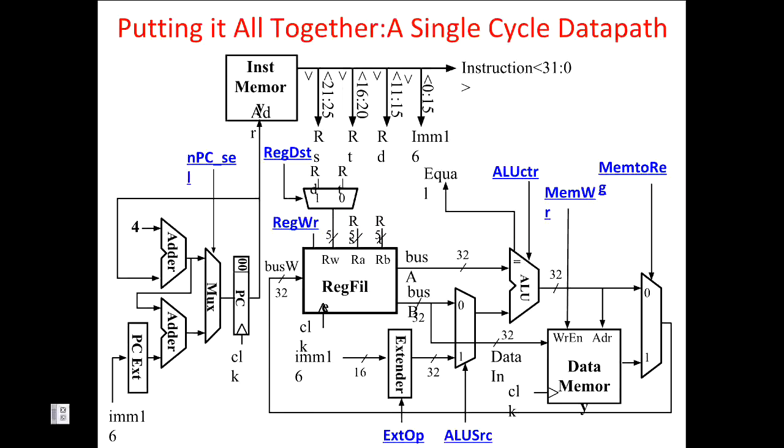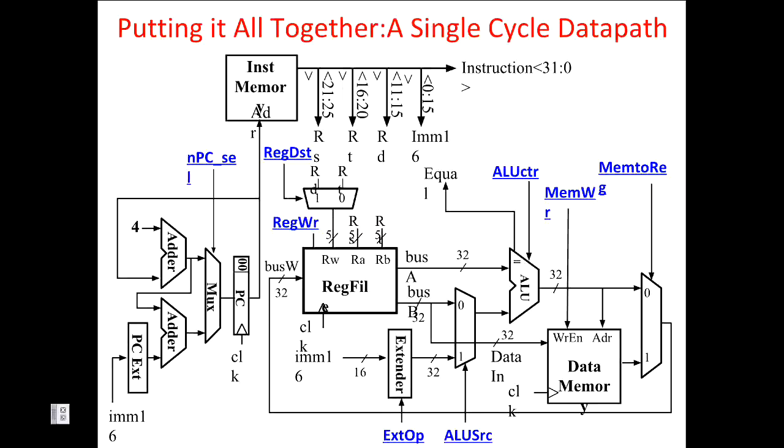Oh, with all these funky letters. I'm so sorry about that. But this is going to be our full data path. This has all the little bits that we need for all of our instructions to work, along with all the points labeled where we have decisions to make. And those are highlighted in blue.